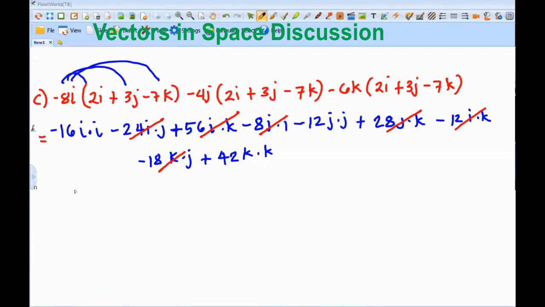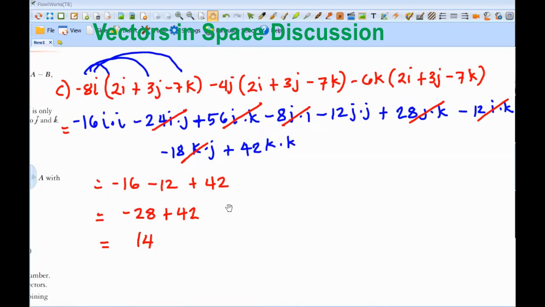So it will become negative 16, negative 12, plus 42, right? So what's negative 16 minus 12? It's negative 28 plus 42. So what's the value? Positive 14. Is that correct?